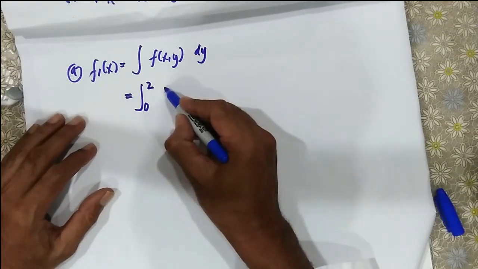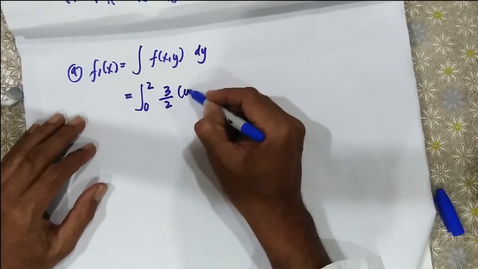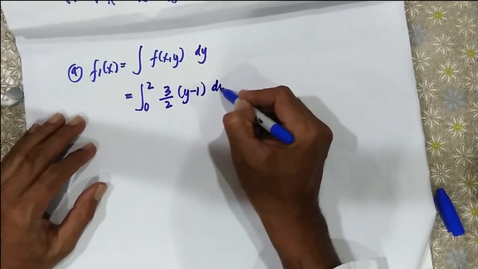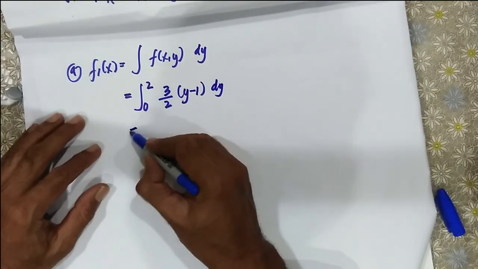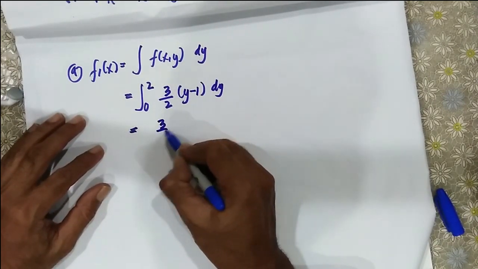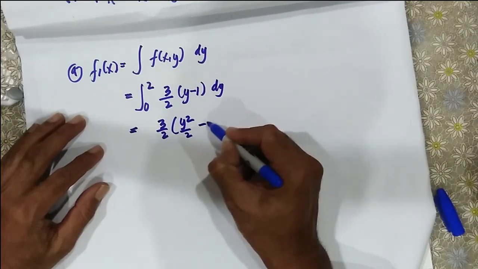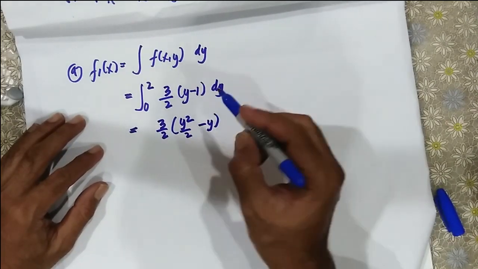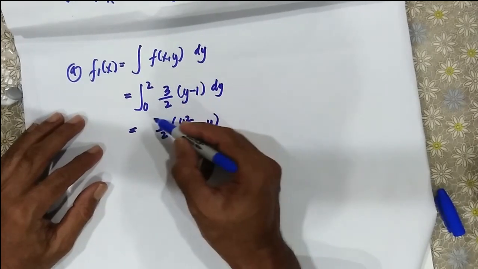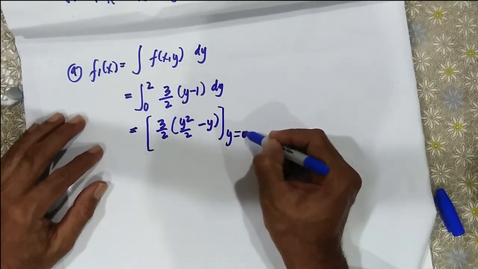This function is 3 over 2 y minus 1, so dy. This will give me an answer of 3 over 2 y squared over 2 minus y. Then you substitute for y from 0 to 2.